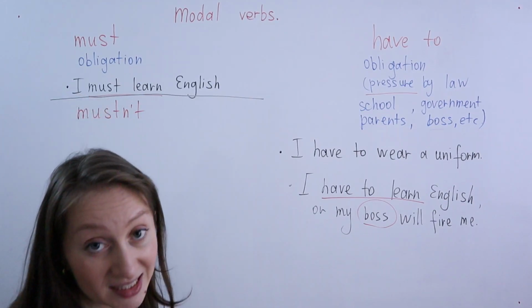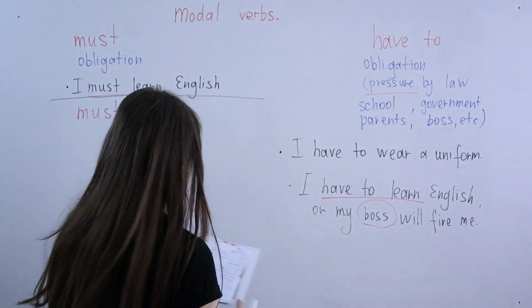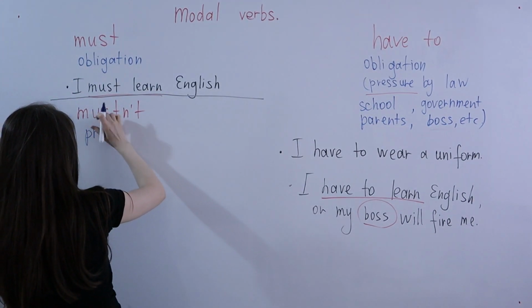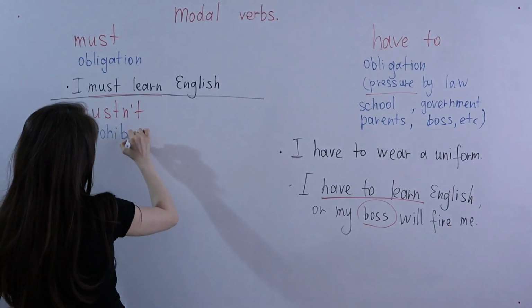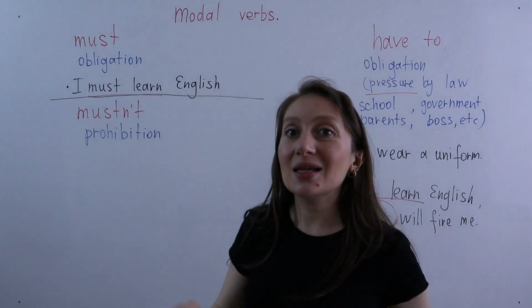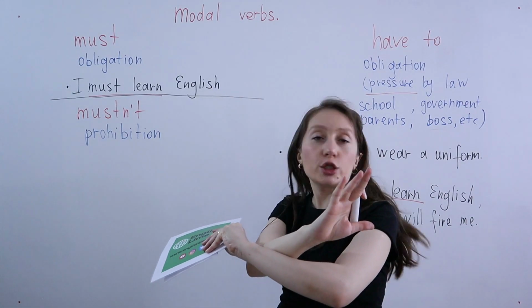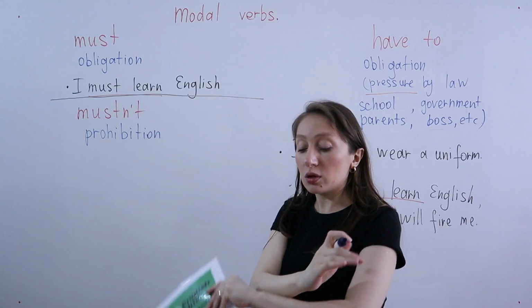Mustn't. When we say mustn't, it means prohibition. So, prohibition. You can translate what it means, but I will try to explain to you. When we say mustn't, it is about prohibition. You mustn't do it. It's forbidden. It's kind of a rule, right?